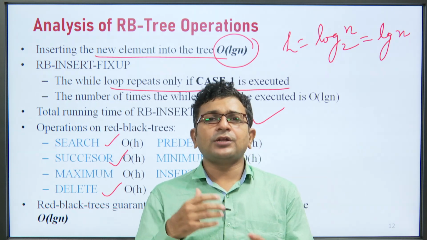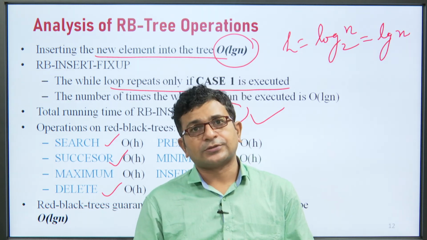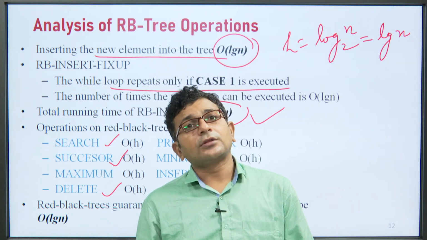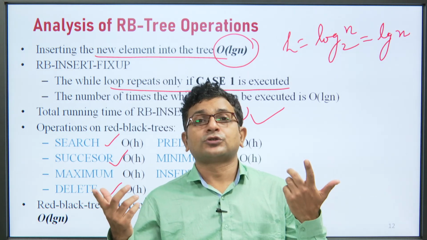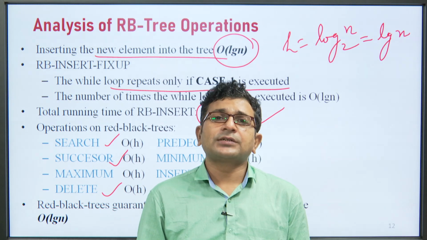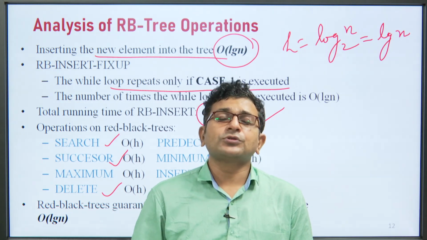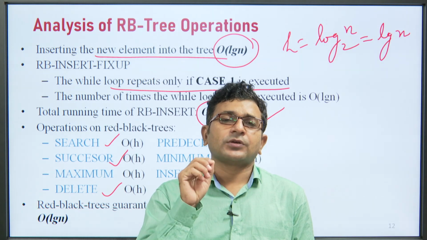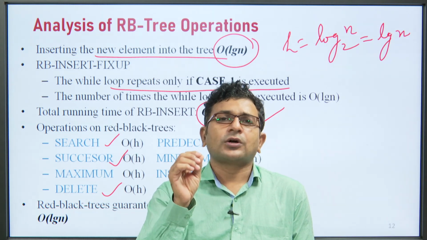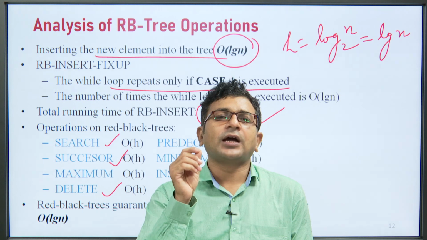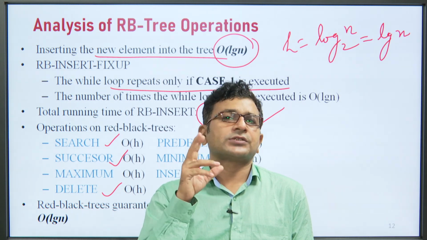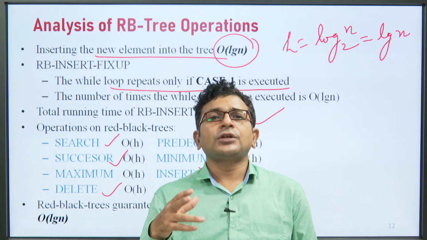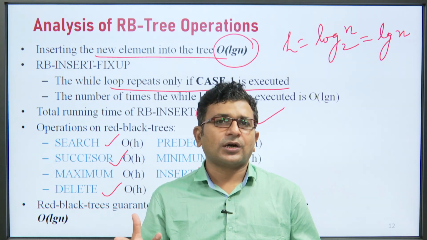It may require 4, 5, 10, 20 rotations, while a red black tree requires at most 2 rotations in every operation. If you insert or delete a node, it can have at most 2 rotations, and sometimes it requires only recoloring.